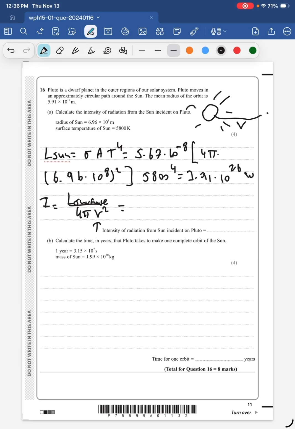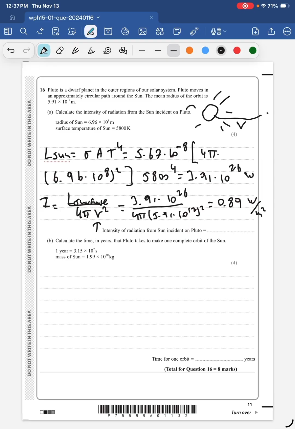Okay, so if we plug in numbers, we have 3.91 times 10 to the 26, which we just calculated, over 4 pi, and then r squared, which is 5.91 times 10 to the 12 squared, so 0.89 watts per square meter, which is much less than an LED lamp, I think. So anyway, this is the intensity of radiation from Sun incident on Pluto.